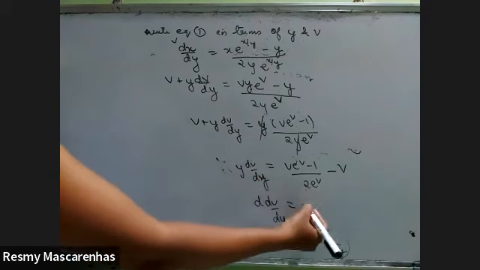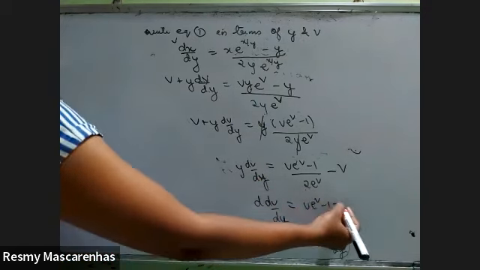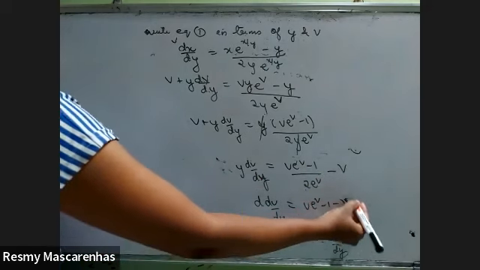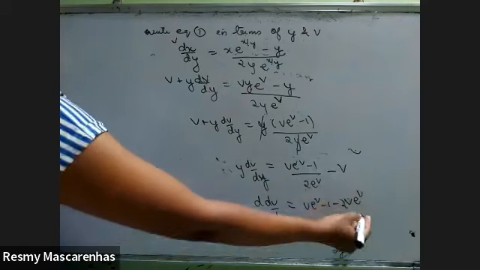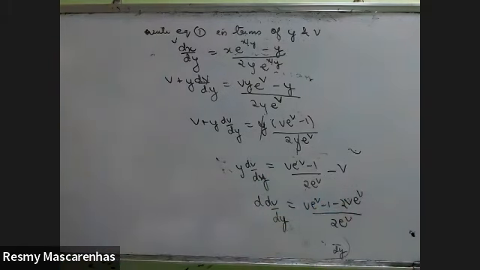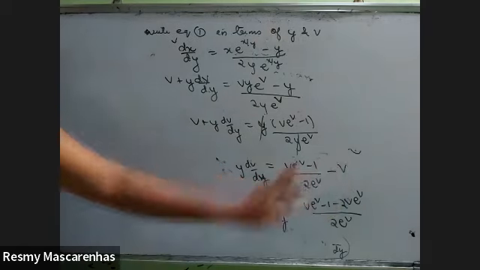Cross multiply this upon 2 raised to v. Now cross multiply. After cross multiply, now v minus 2v is minus 1v.